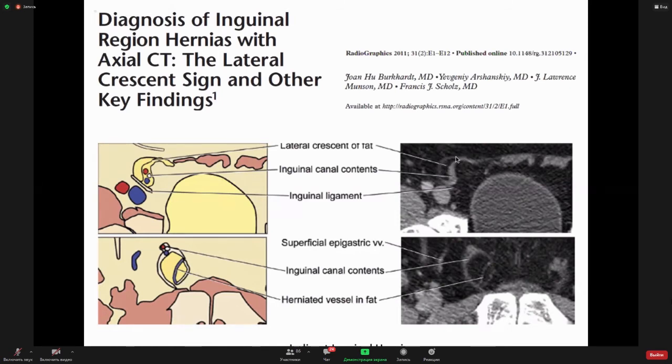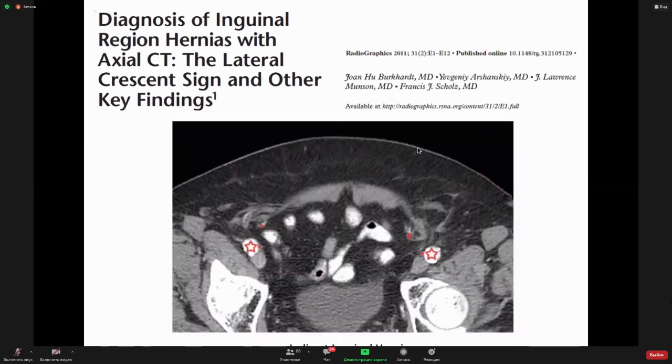So this is fat that makes a moon, like the crescent part of the cycle of the moon. And they say that this is very typical of occult indirect inguinal hernias.